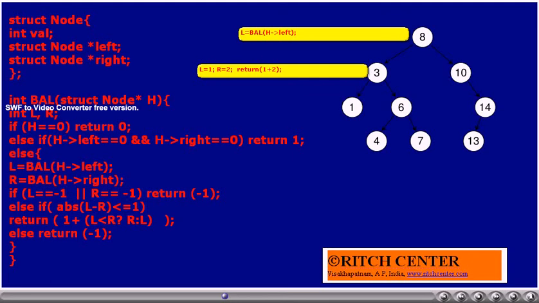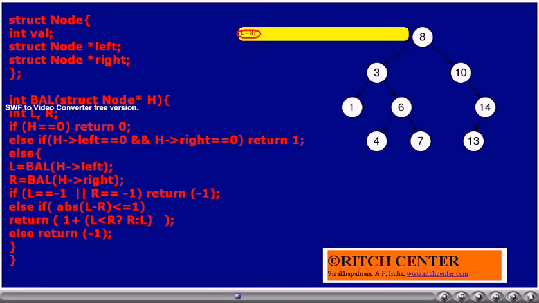Thus this function returns 3 to the previous function. We have finished the traversal of the left subtree of the root node, and we understood that the height of the left subtree is 3.